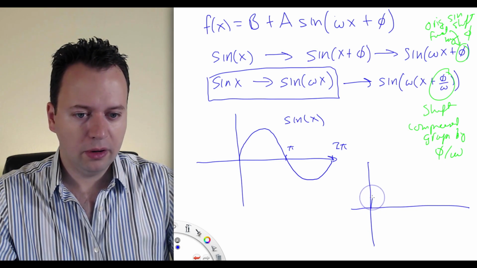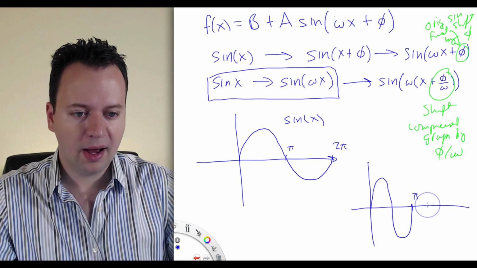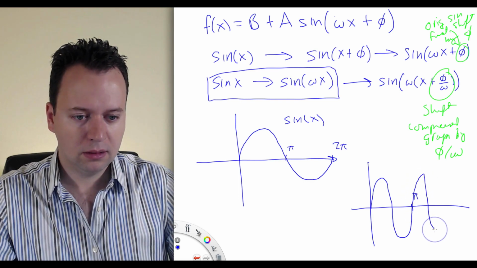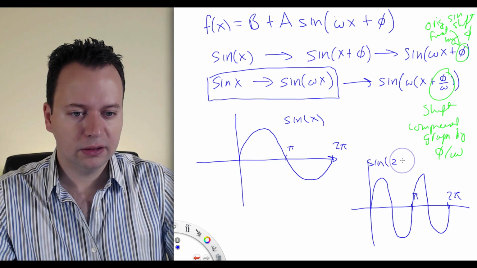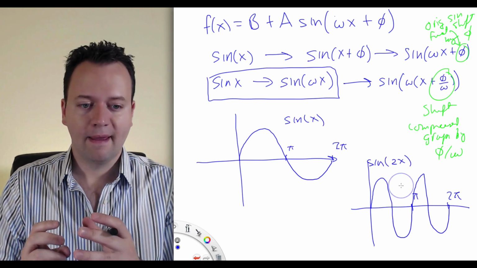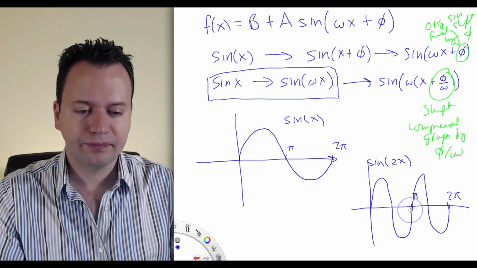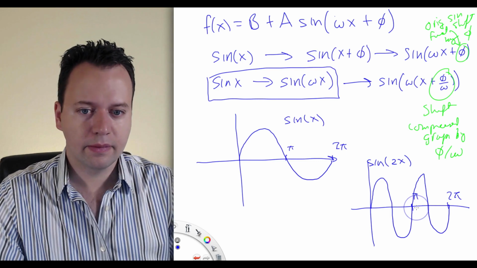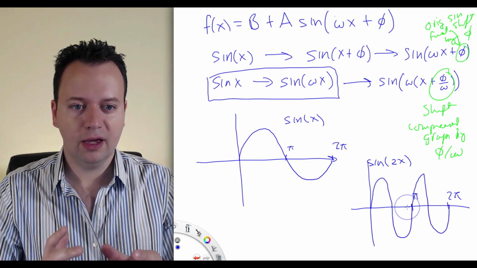Well, that would compress, so here's pi, and then there's 2 pi. So this would be sine of 2x. So this is a compression by a factor of 2. Right, so everything got kind of squeezed in like this. And then you apply a shift. So phi is a shift.